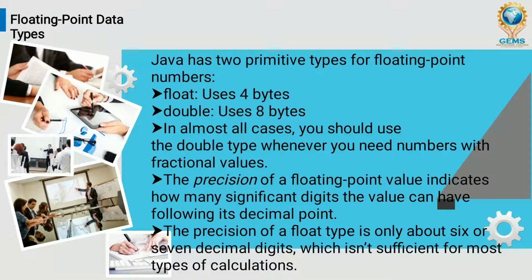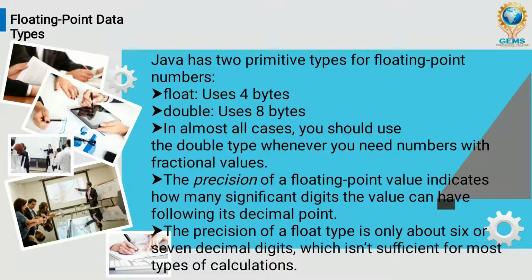Float is a floating point data type. It stores fraction values, but the size of float is 4 bytes only. Double uses 8 bytes. Float uses 4 bytes and double uses 8 bytes.